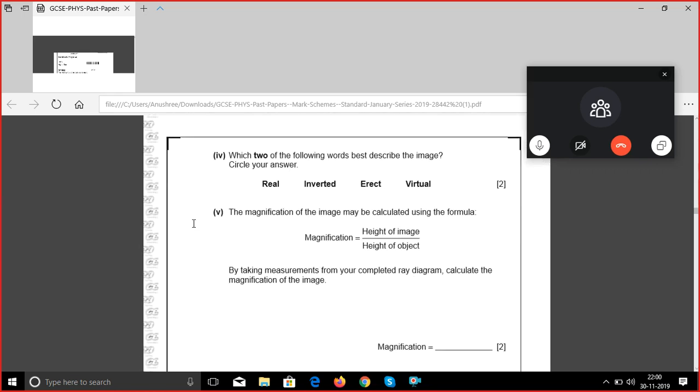Which two of the following words best describe the image? Let me find that.